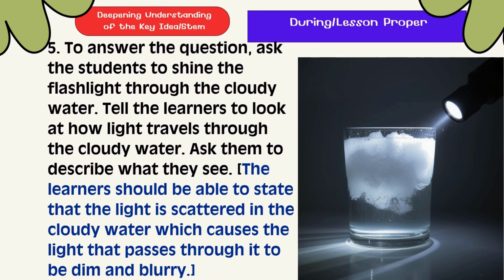Tell the learners to look at how light travels through the cloudy water. Ask them to describe what they see. The example answer is, the learner should be able to state that the light is scattered in the cloudy water, which causes the light that passes through it to be dim and blurry.